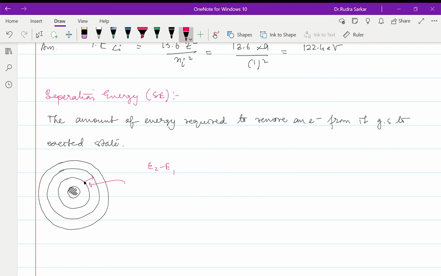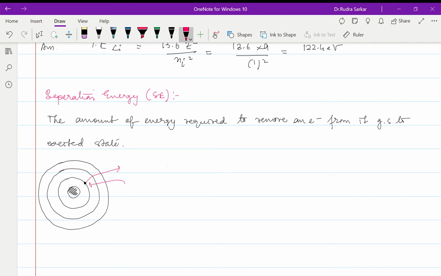Or let's say this way: we are giving this energy and the electron has gone away to the excited state, infinite distance, okay?